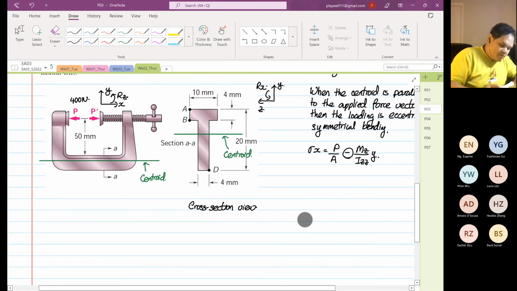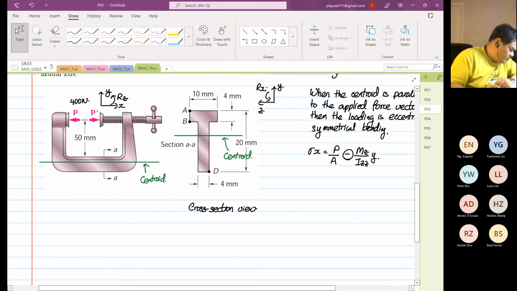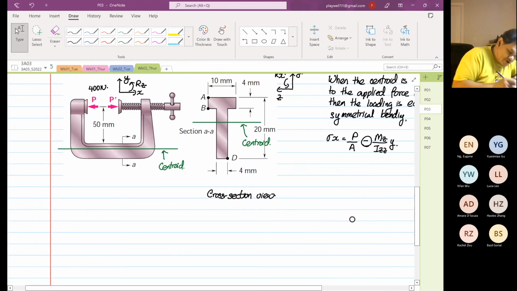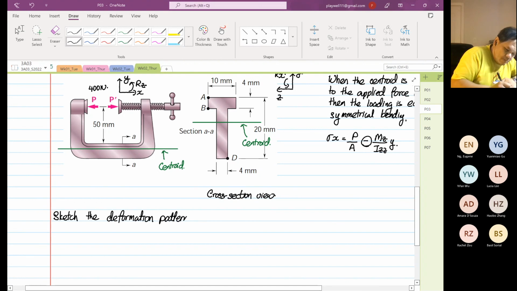So what we will tend to do is we will sketch. Okay, the next thing we're going to do, we're going to sketch the deformation pattern to determine the moment vector.